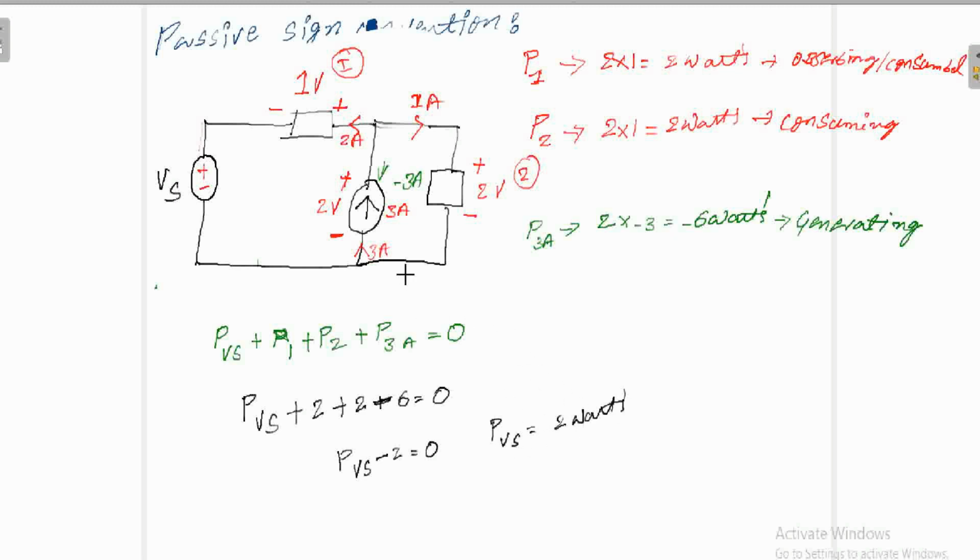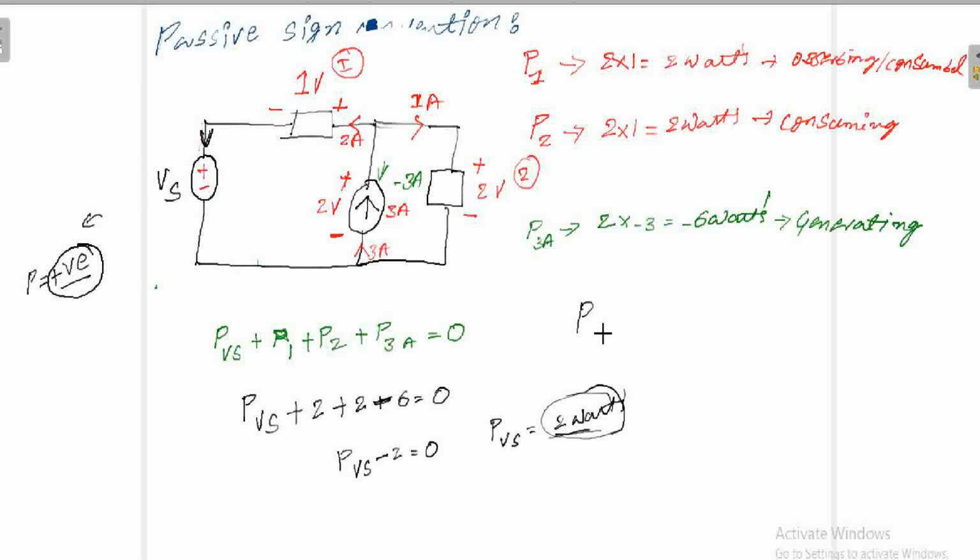The power is positive when the current enters into the positive terminal. It means that this is the current direction for this Vs. If current enters into this Vs, here we are getting P equal to 2 watts. So here this Vs is absorbing power.